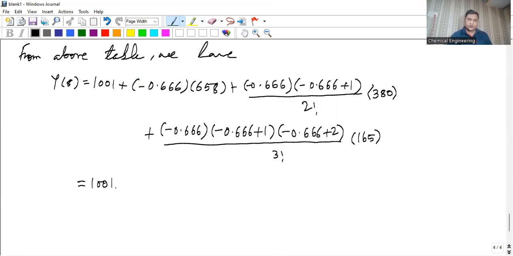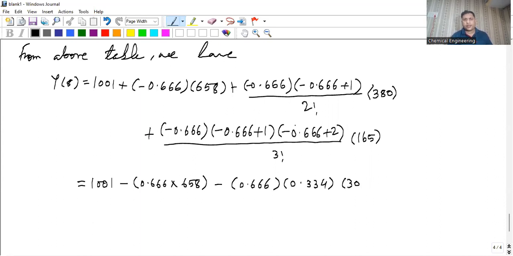So what we can have is 1001. This term will be minus 0.666 into 658, then this will be minus again, so it is minus 0.666 into 0.334, and this is 380 divided by 2. This term will be again minus.